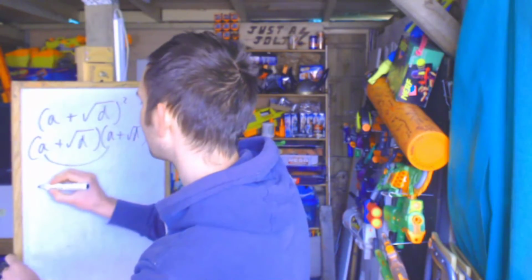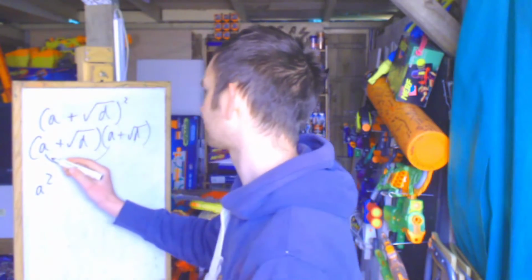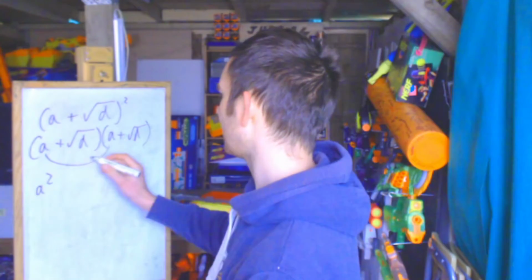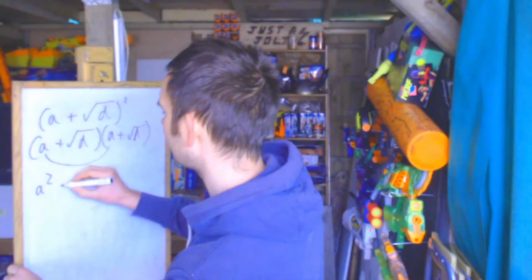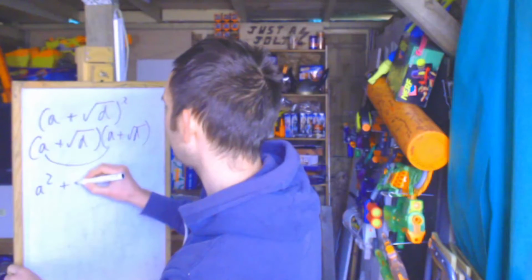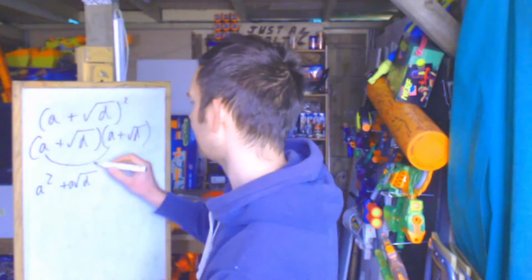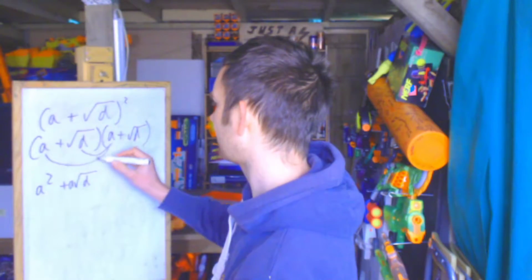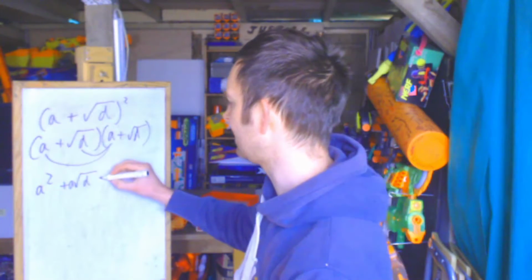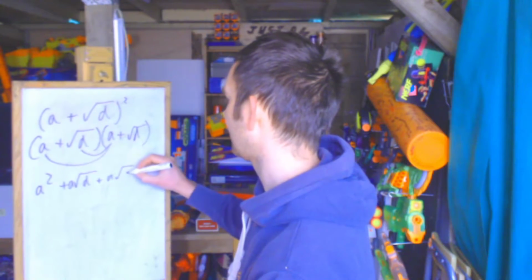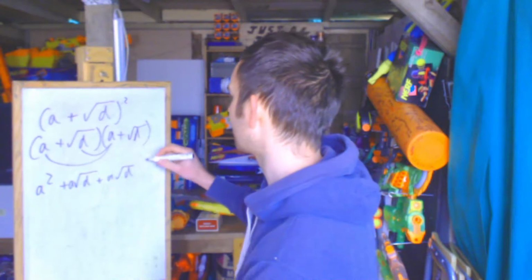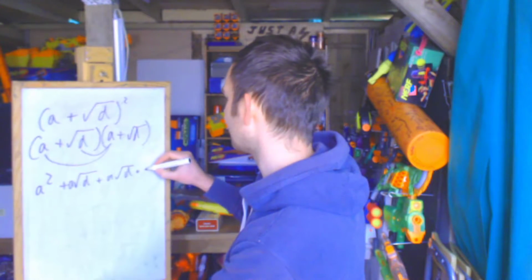So a times a is a squared. A times root d is a root d. Root d times a is a times root d, and then finally root d times root d.